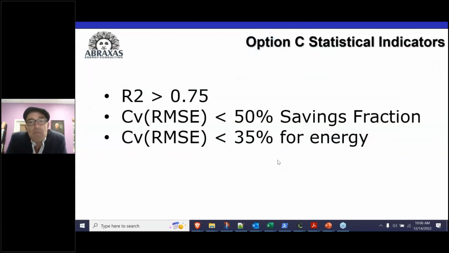So these are some of the things people have told us, or that we've read in different documents from ASHRAE or EVO, about what makes a regression good. I started in this performance contracting business a long time ago, in the mid to late 1990s.